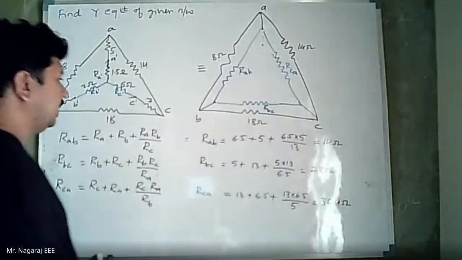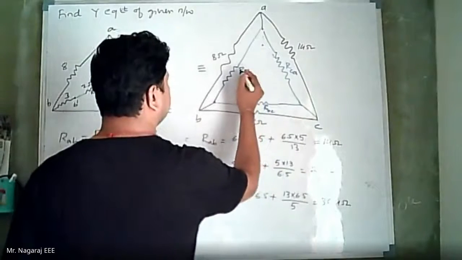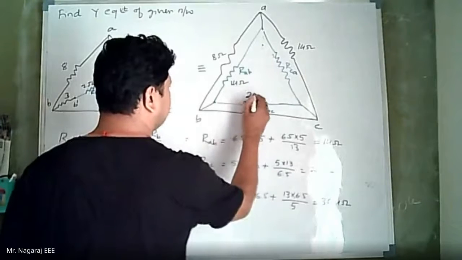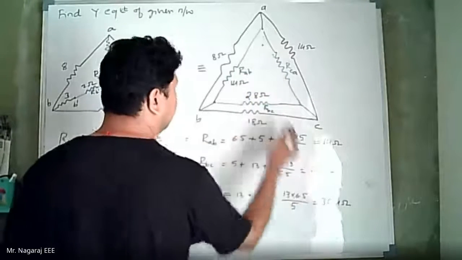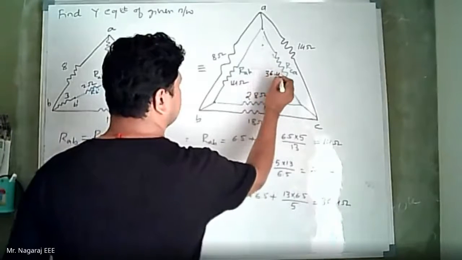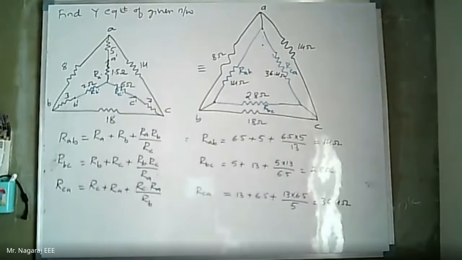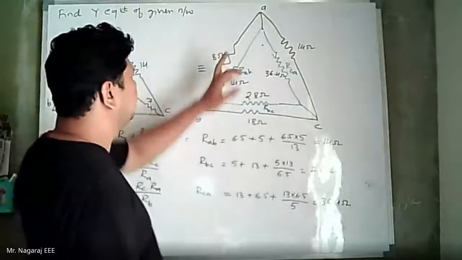Now RAB is 14 ohms. RBC is 28 ohms. RCA is 36.4 ohms. Now we can observe there are two deltas exactly parallel to each other.